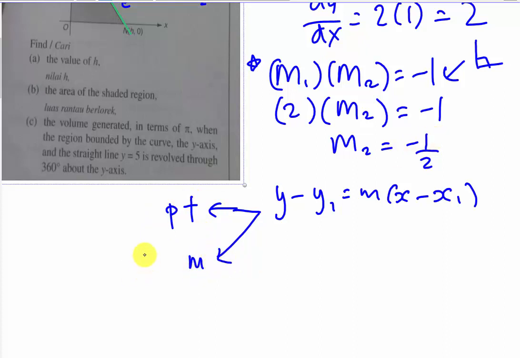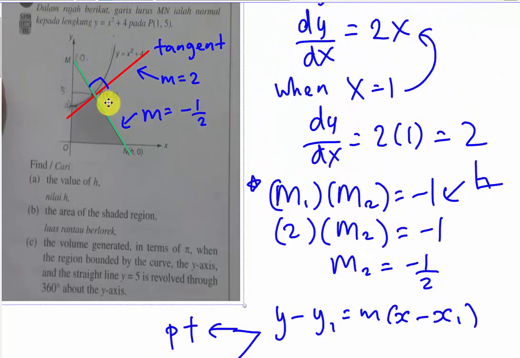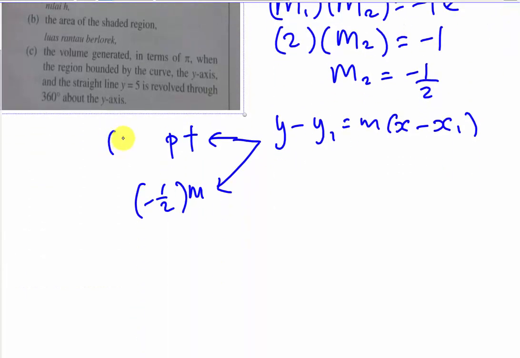The gradient is -1/2, and the normal line passes through the coordinate point P, which is (1, 5). So I substitute 1 and 5 into x1 and y1. It will be y minus 5, where 5 is the y value, equals -1/2 times (x minus 1).